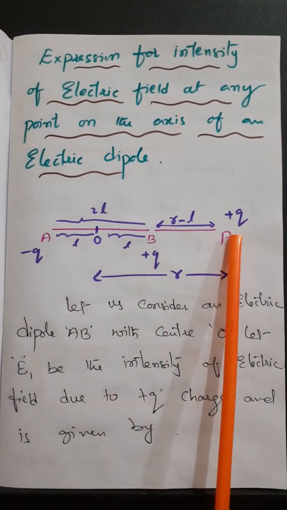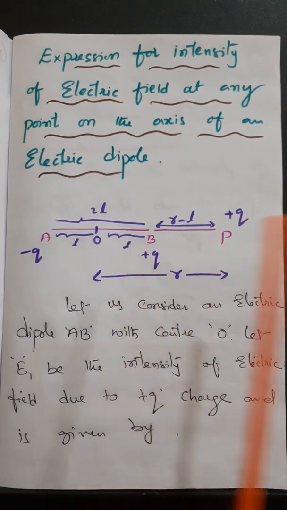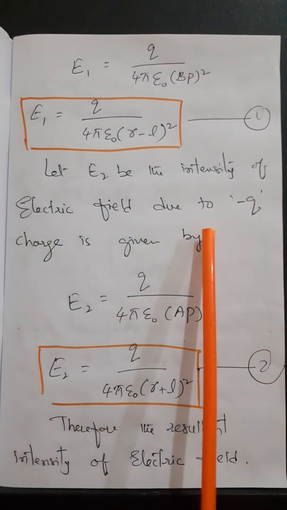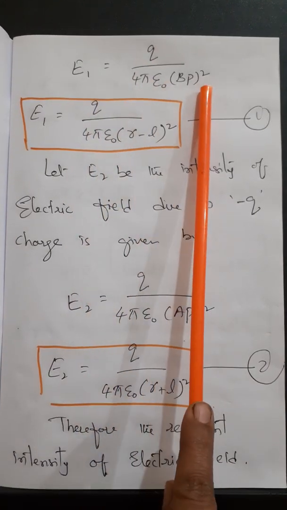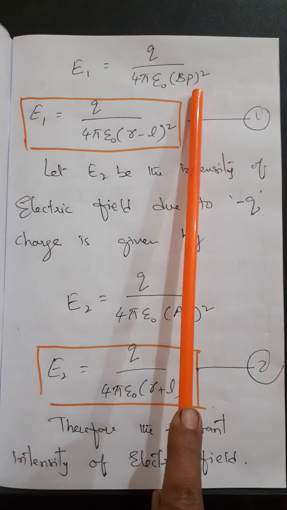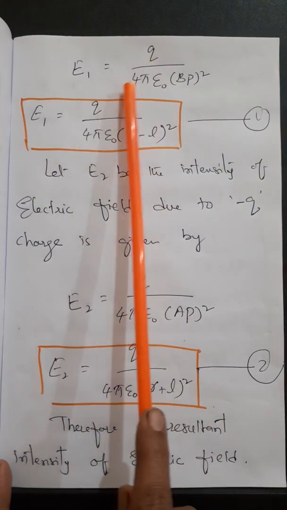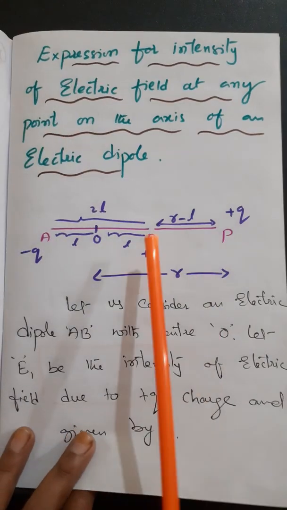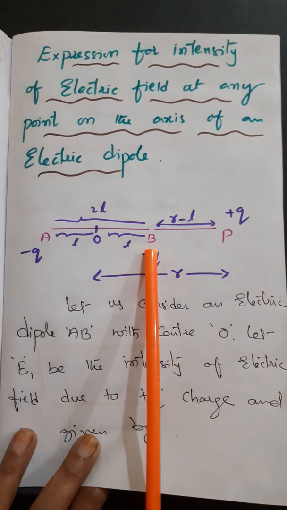First, the intensity at point P due to the plus q charge. We know the general definition of electric field intensity: E1 is equal to q by 4 pi epsilon naught r square.